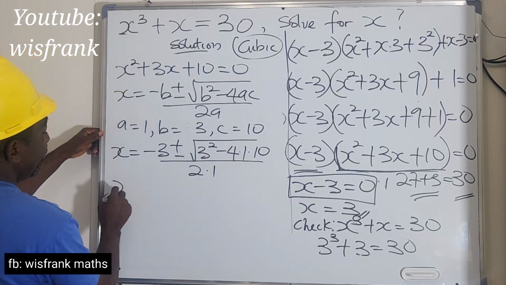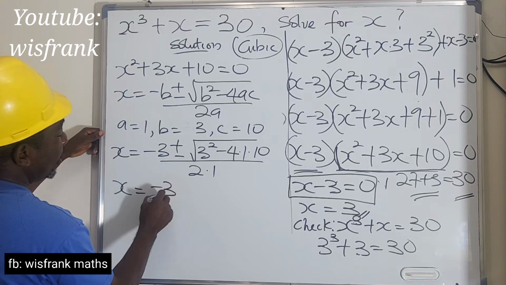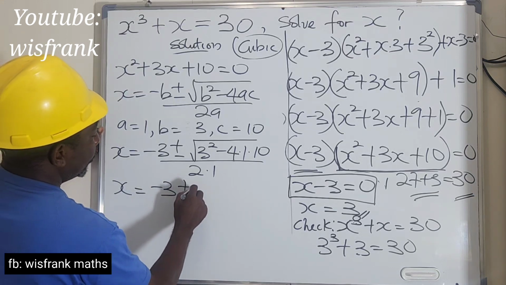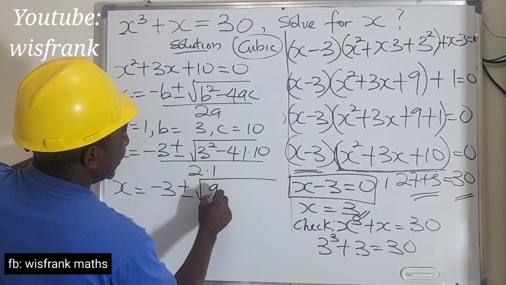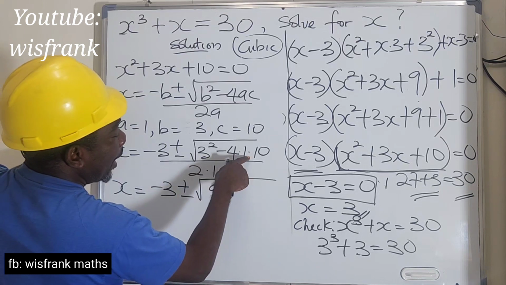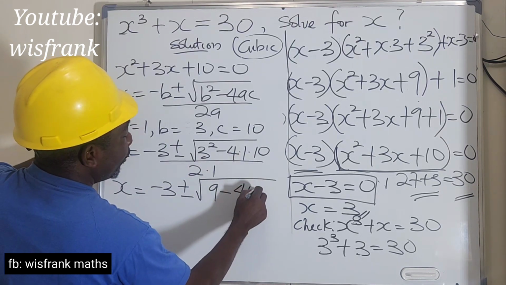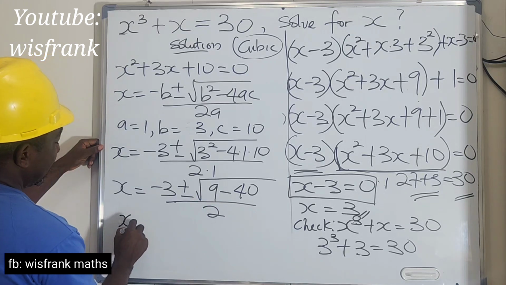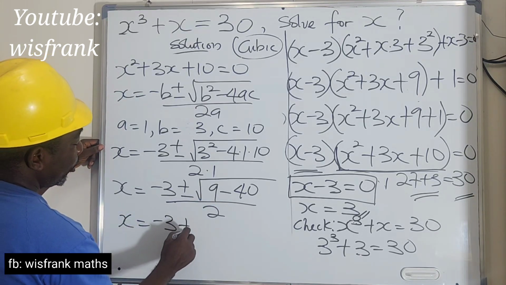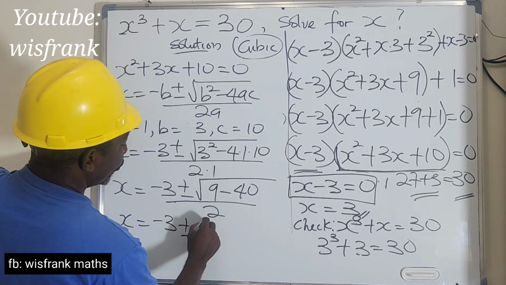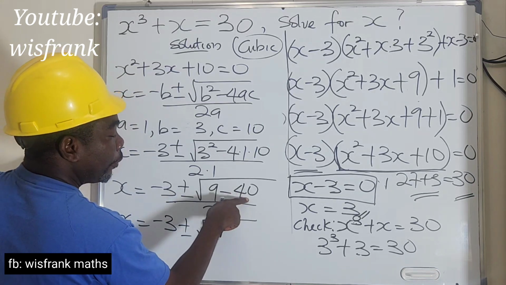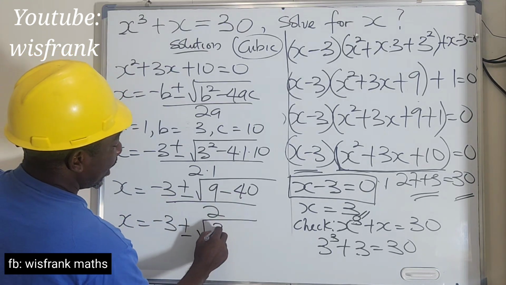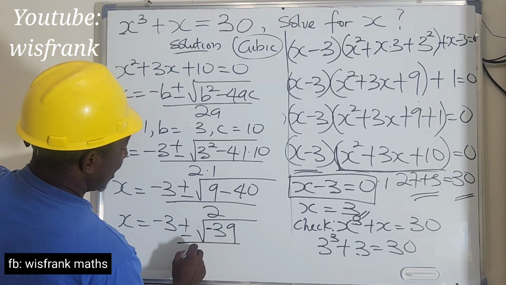So in this case, we have x = (-3 ± √(9 - 40)) / 2, and 9 minus 40 is minus 31. So we have the square root of a negative number, all over 2.